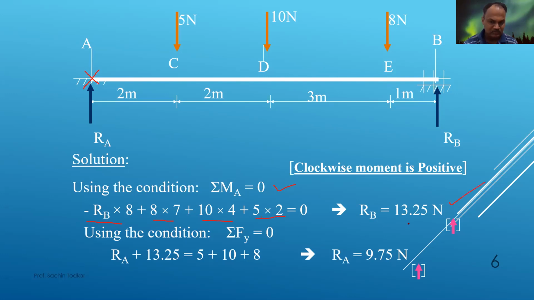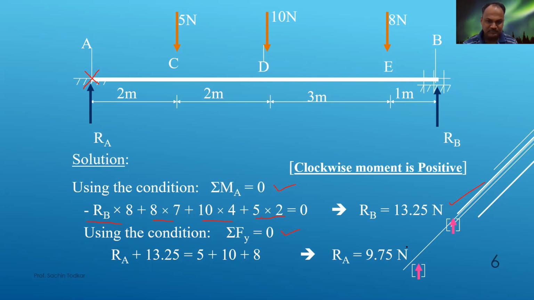You can calculate on your own and you will get the same answer. So using the second condition of equilibrium, that is summation of all the forces in y direction must be equal to 0, we will get RA plus 13.25 equal to 5 plus 10 plus 8, and it will give 9.75 Newton.